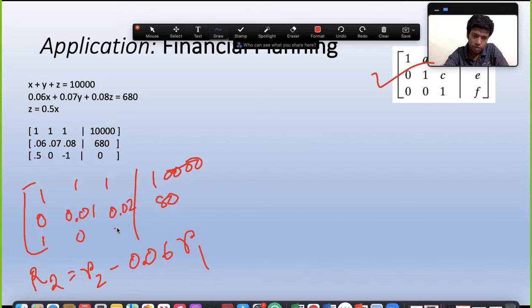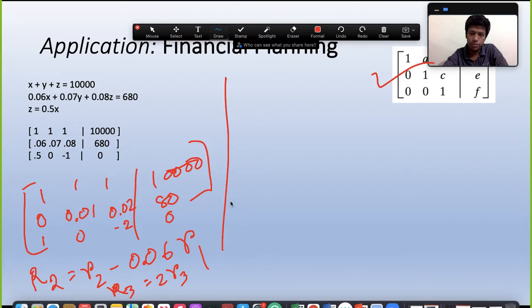Then it becomes minus 2. Oh my god, my machine is crazy. So this is 0. We multiplied row 3 equals 2 times row 3. This we can do because we can multiply any row by a non-zero number. So we can do that.